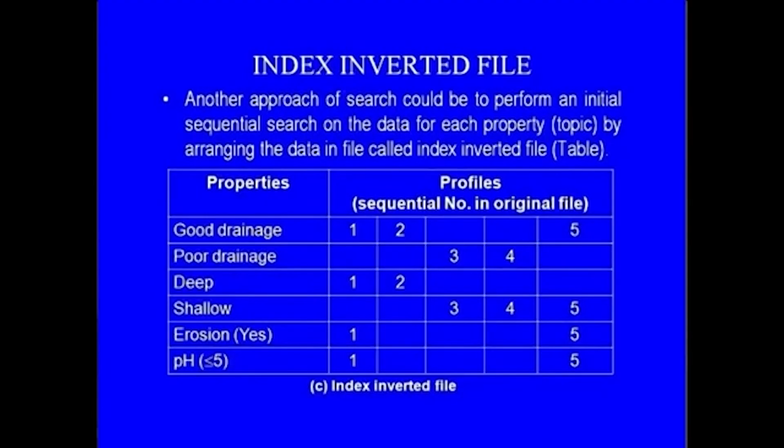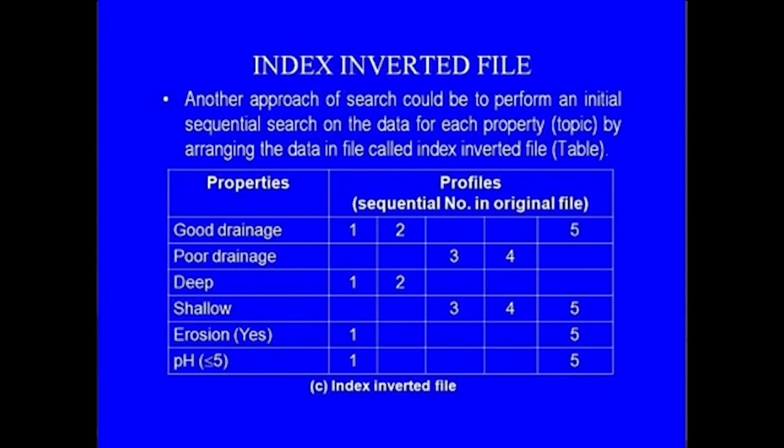Then it will identify profile numbers 1, 2 and 5 from the original data as having good drainage. Naturally, the other two profiles, 3 and 4, will be attributed as poor drainage. Similarly, depending upon the depth, profiles 1 and 2 have deep soil, whereas 3, 4 and 5 will naturally be shallow.